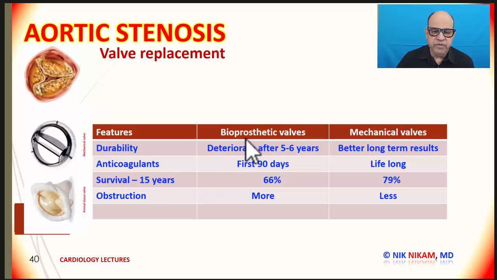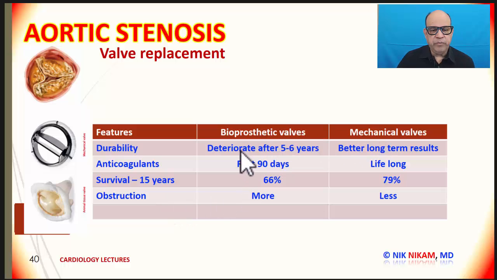Survival of patients receiving bioprosthetic valve is 66%, whereas patients receiving mechanical aortic valve do much better, where the survival rate is 79%. There's also an inherent gradient built into these prosthetic valves.